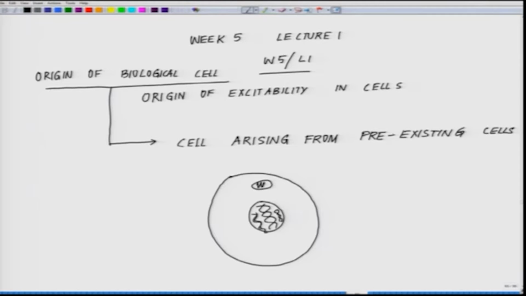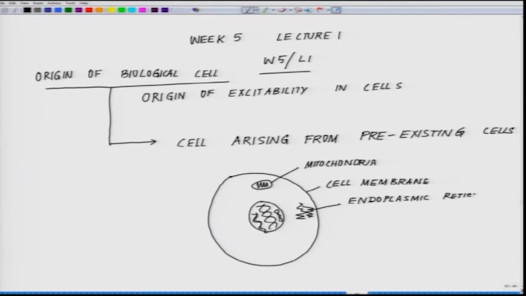So this is the mitochondria, cell membrane, endoplasmic reticulum, okay. Then you have Golgi apparatus and so on and so forth. It is a very complex structure.